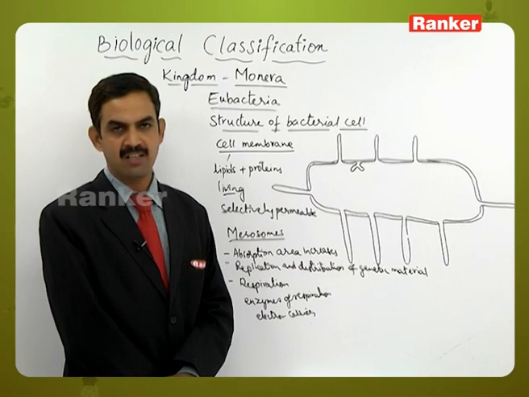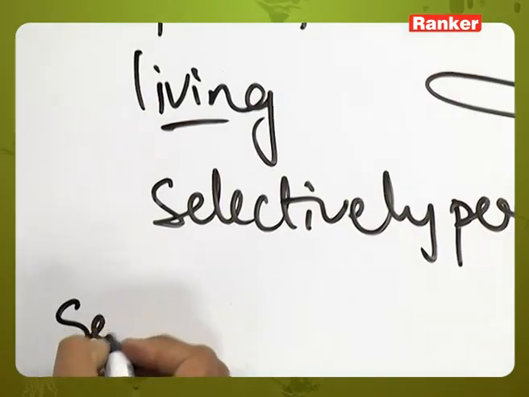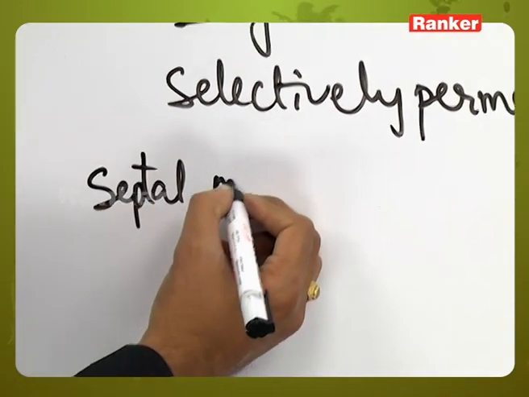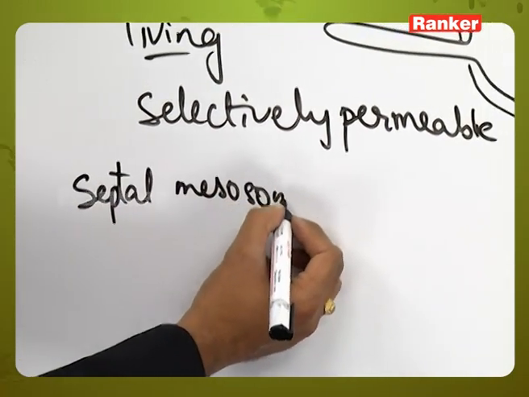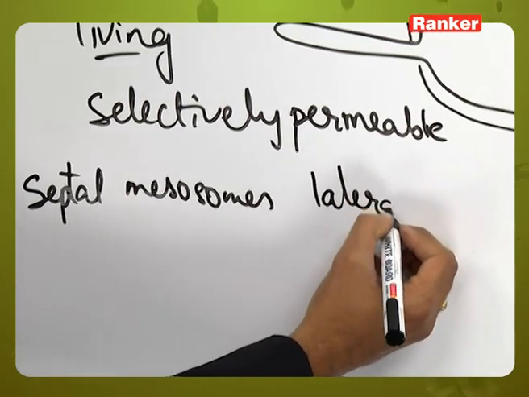So these are some special characters identified in the mesosomes, which are present only in the bacterial cell. Some of them are considered to be septal mesosomes, and some of them are lateral mesosomes.